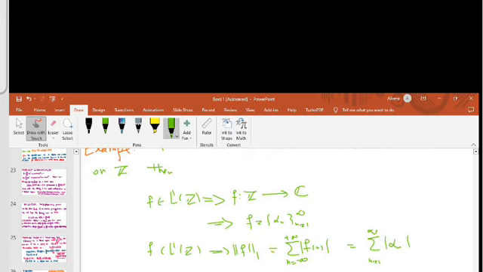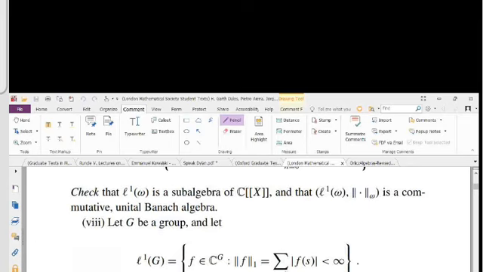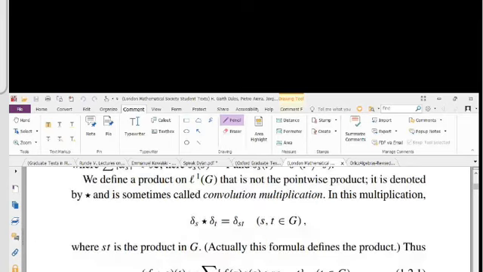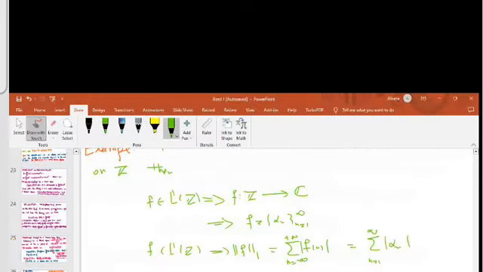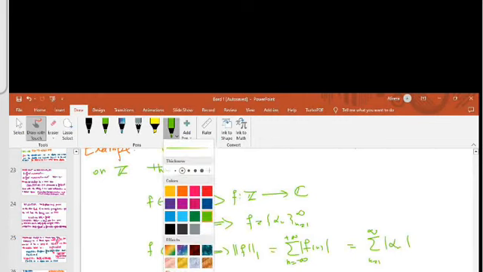And if we consider a norm or weights function, a function such as omega from Z plus to R plus with these two properties, omega of 0 equal to 1 and this equality, we can consider L1 of omega, the set of all sequences such that this summation is finite, because we know that f belonging to L1, this must be finite.